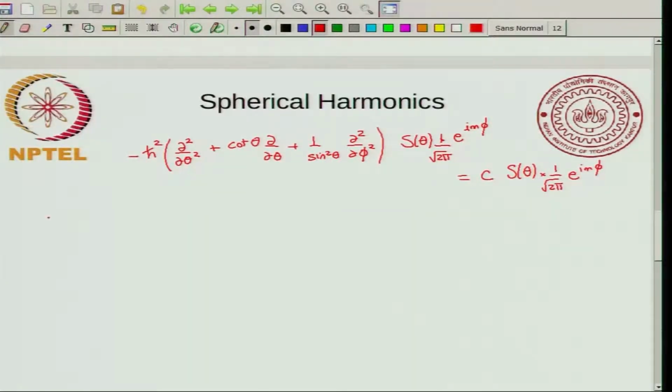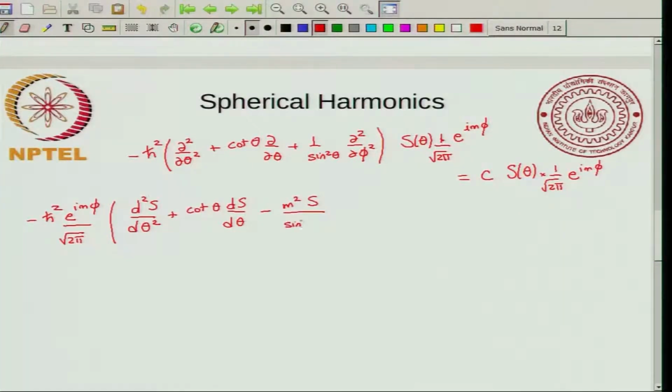So I can write this as minus h bar square, e to the i m phi divided by root 2 pi, times d square S by d theta square plus cotangent theta dS by d theta minus m square S by sine square theta.